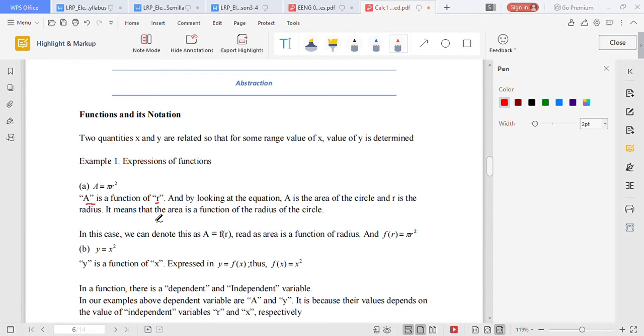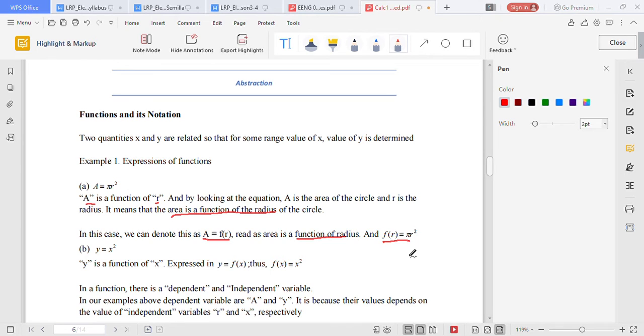So the area is a function of the radius of the circle. We can denote this as A equals f of r, read as function of radius. So area is equal to the function of radius, and that is equal to pi r squared.